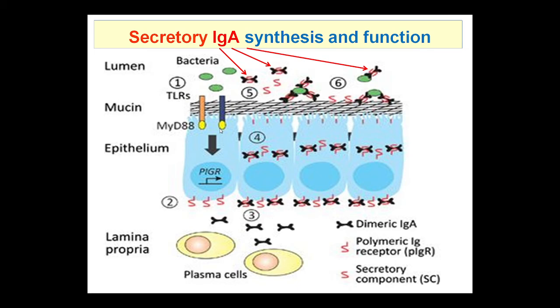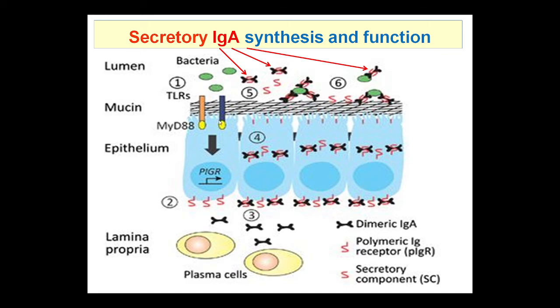In this scheme, you see what is happening in the mucous membrane after attaching of the bacteria to the epithelial cells. Number one, the first step of this figure, demonstrates that toll-like receptors on the surface of epithelial cells recognize bacterial pathogen-associated molecular patterns, terminal mannose, for example.